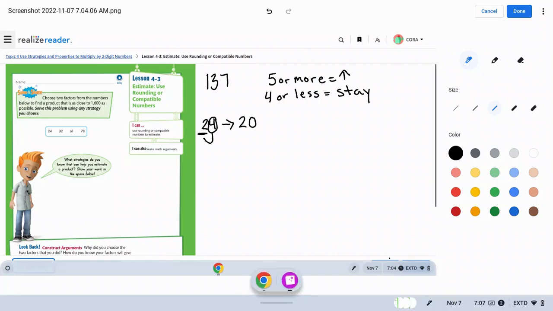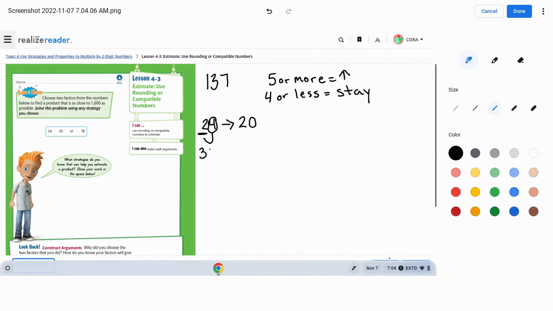If I look at 32, I'm looking at the tens place. The 2 is my bossy neighbor. That 2 is telling my 3 to stay, so it's going to be a 3, and the 2 becomes a 0. And then if I look at 61, again, rounding to the tens place, the 1 is the bossy neighbor.